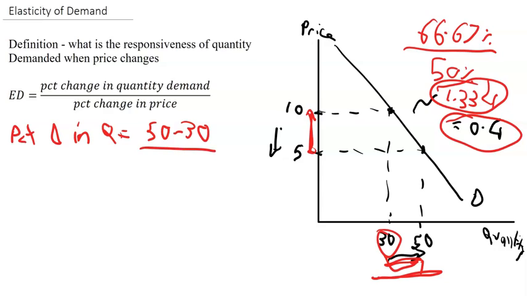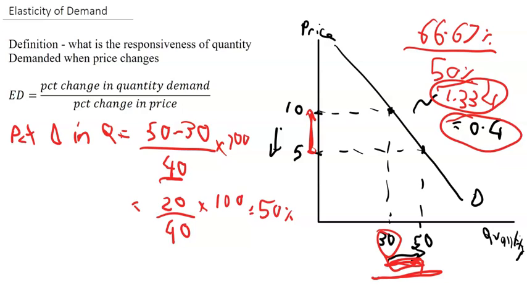Now the denominator, instead of being the initial value, will be the average between these two numbers. So the average of 30 and 50 is 40, times 100. This ensures that no matter if it's a price increase or decrease, the quantity is moving between these two numbers, and the midpoint is always going to be the same. So the answer we get is 50%. And we do the same thing with price.